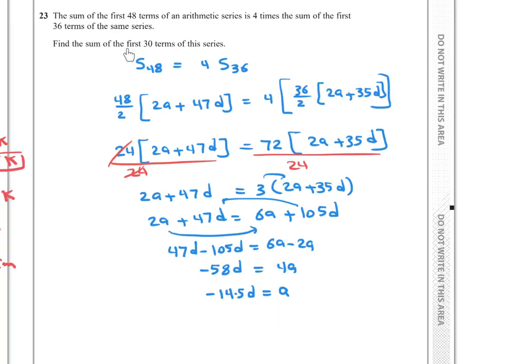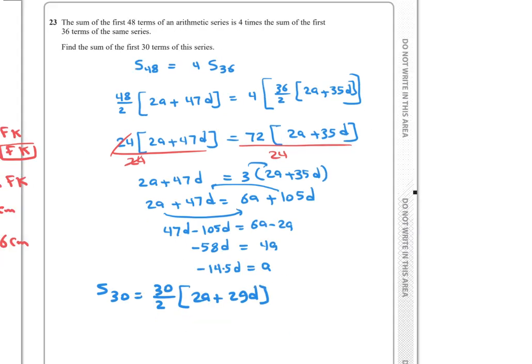Now to find S30, S30 equals 30 over 2 into 2a plus (n minus 1)d with n as 30, so 30 minus 1, so 29d. 30 divided by 2 equals 15. And 2a, you can substitute a by negative 14.5d.